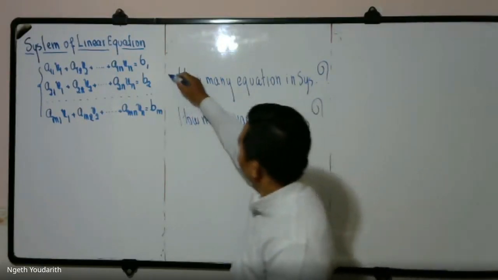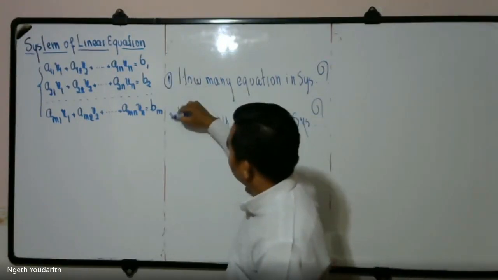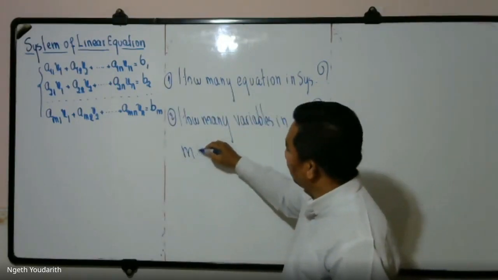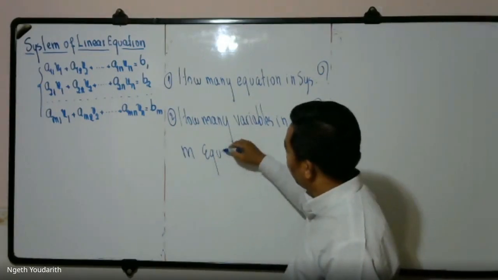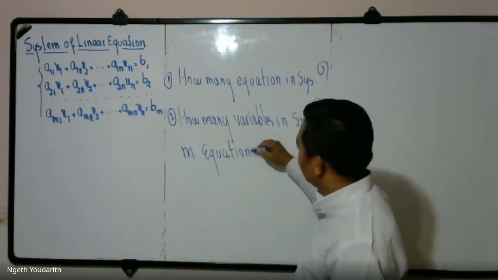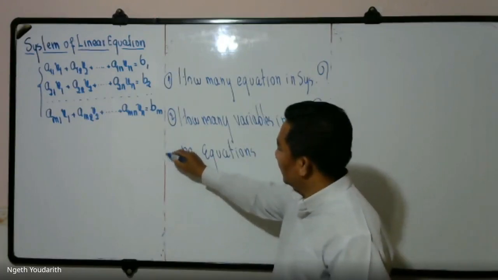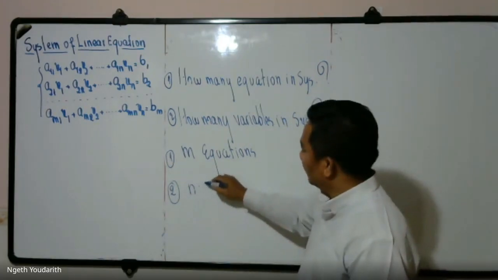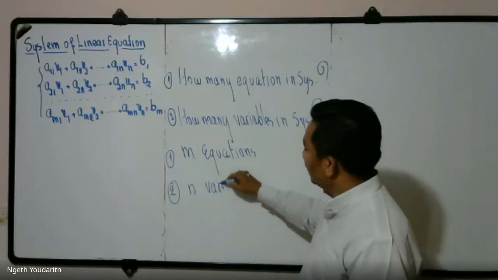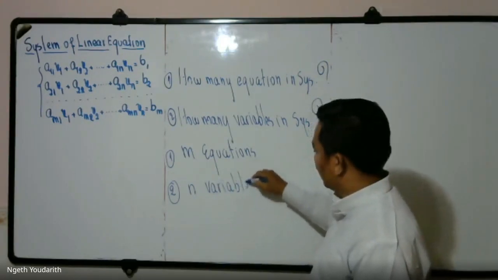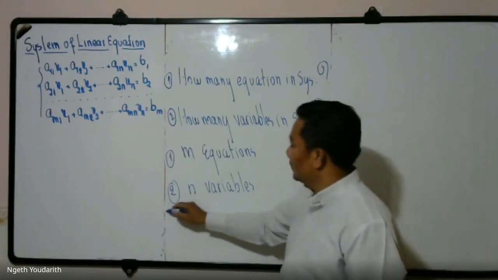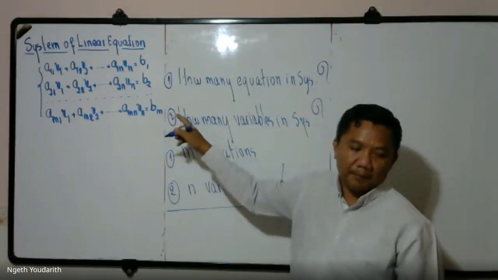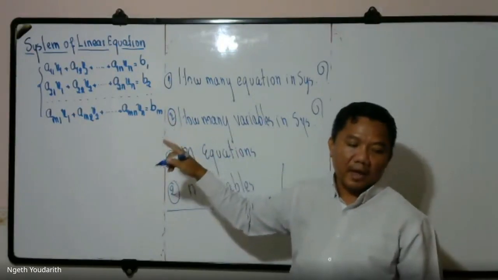This one is question 1, and this one is question 2. Question 1, it has m equations. And question number 2 is n variables or n unknowns. So it means that our system of linear equation has m equations and n variables.